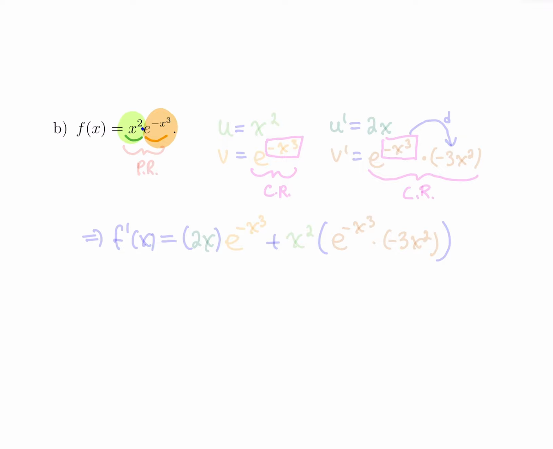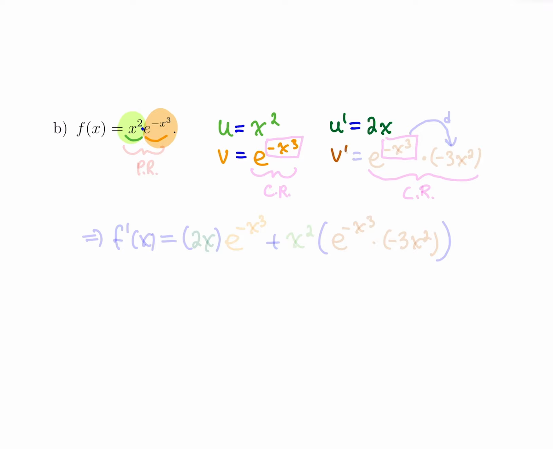So I need to use a product rule. So my first function, my u, is going to be x squared. And my second function, my v, is going to be e to the power minus x cubed. So when I'm going to compute the derivatives for my product rule, u prime, no problem, it's 2x.